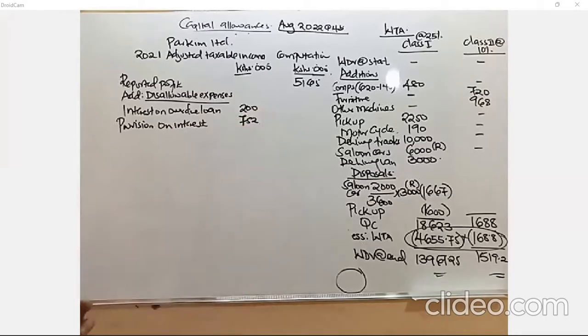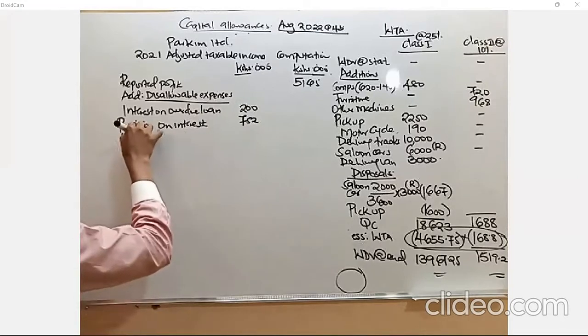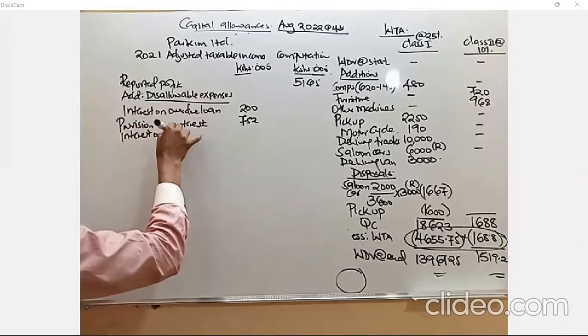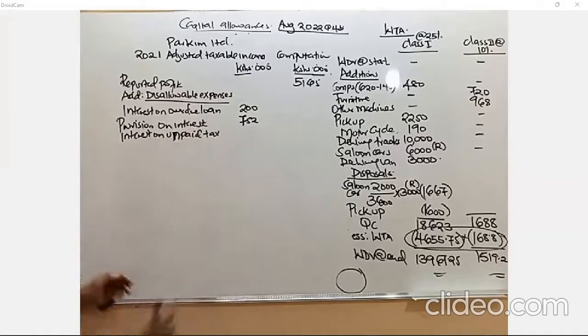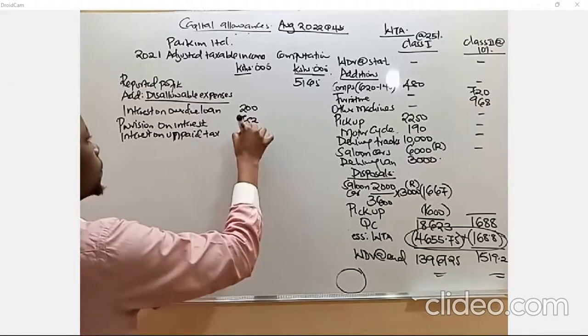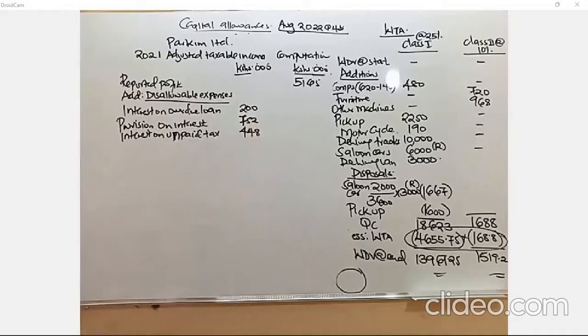The other thing is the interest on unpaid tax, disallowable. Interest on unpaid tax amounted to 448. From there, let us now look at additional number 6.